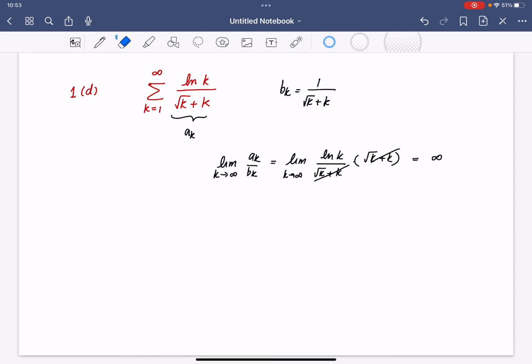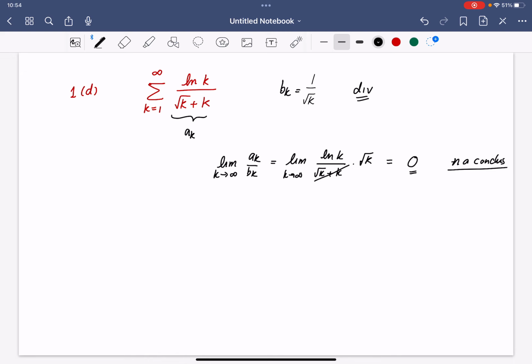But some of you don't know how to do this. Some of you pick 1 over square root k, which is not a good choice, because then you get square root k in the limit and the limit is 0. Since the known series is divergent and the limit is 0, you get no conclusion, because it does not work that way.